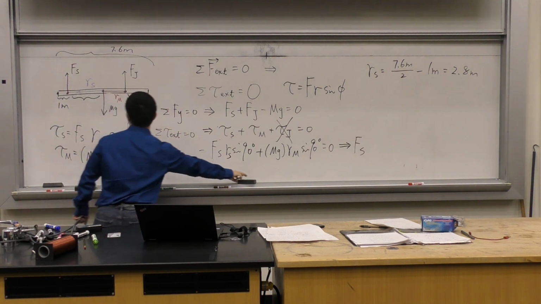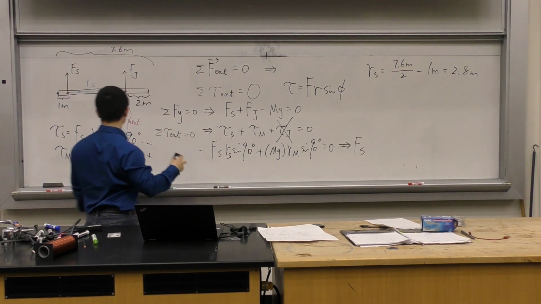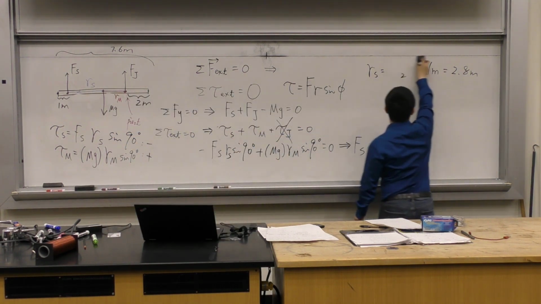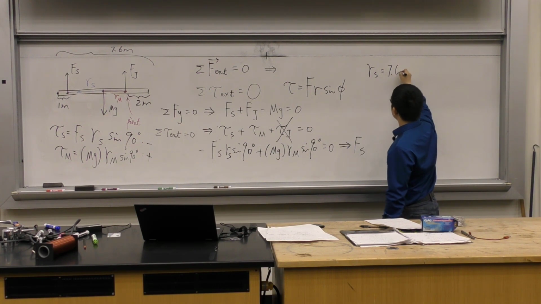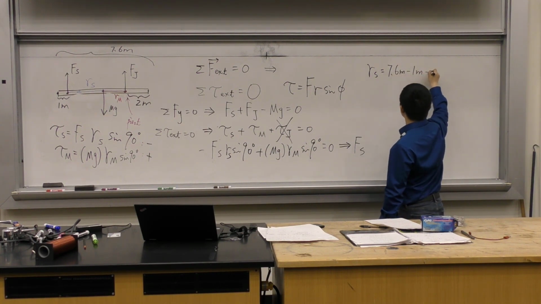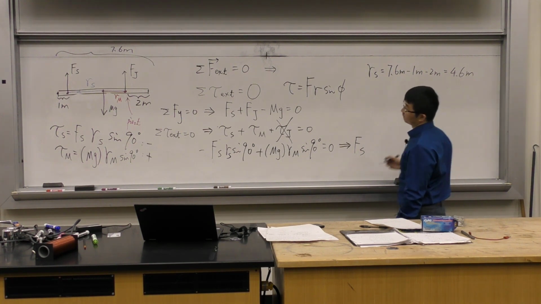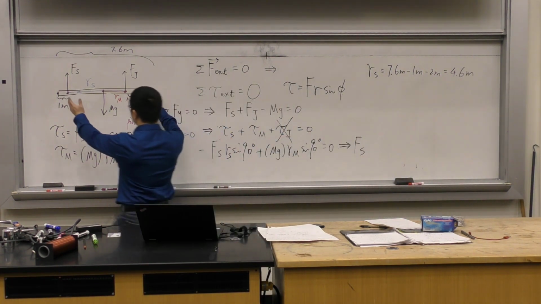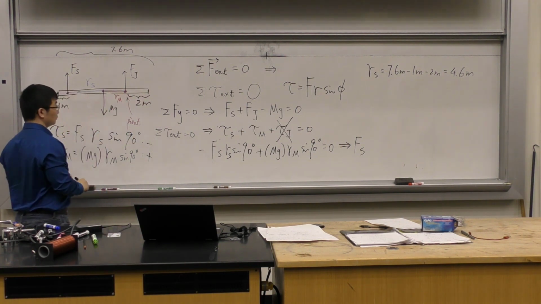Oh, I'm sorry. No. What am I doing? I'm using the wrong pivot. So this is just going to be 7.6 minus 1 meter minus 2 meters. It's going to be 4.6 meters, right? The total length minus this and this, you got this.